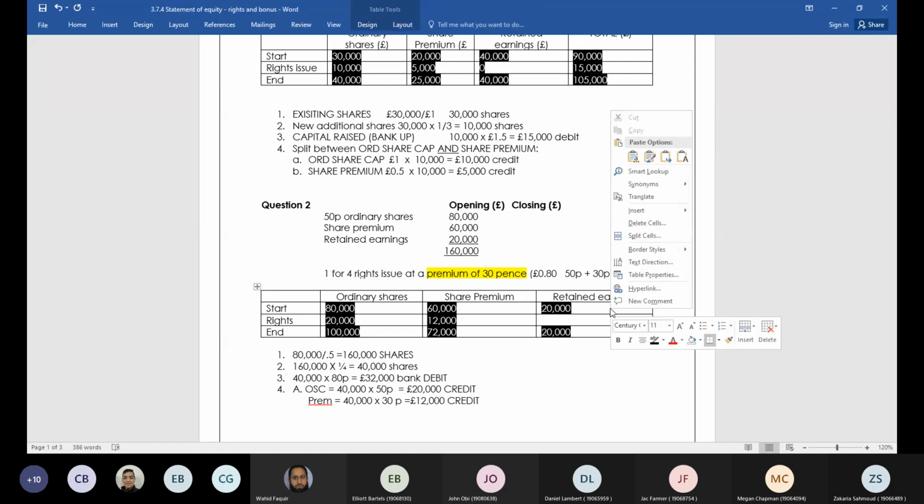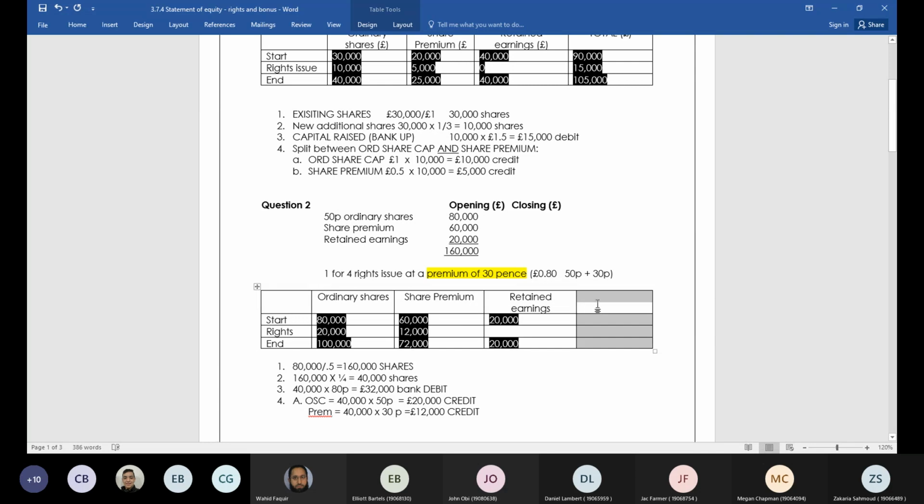The only thing I'd like you to do there is to insert a total column to the right. That's a checking device, very important when it comes to harder questions. Certainly in this case, not such a big deal. And then once you've done that, can you do the closing balances?